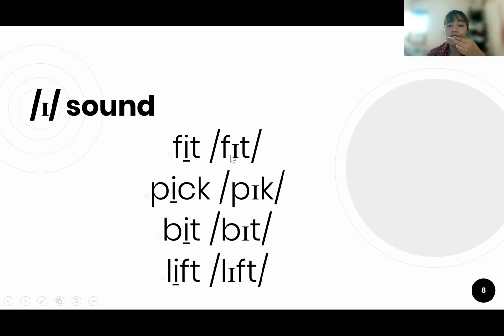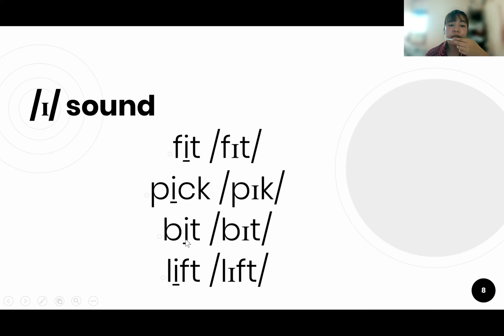So E in fit. Next, we also have pick. You have the same short I sound, E. So you have the sound of pa, and then your short I, E. And then your CK, when you combine them, as we have discussed in your orthography in the last lesson. If you combine C and K, they produce the sound K, so it is represented by the letter K. So pick.